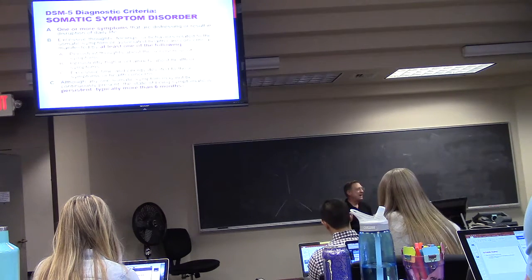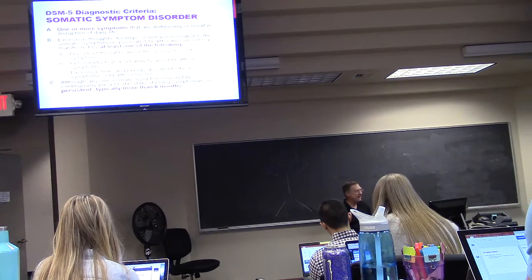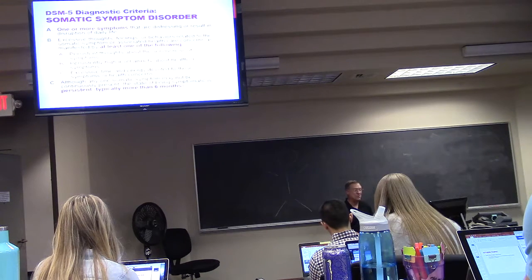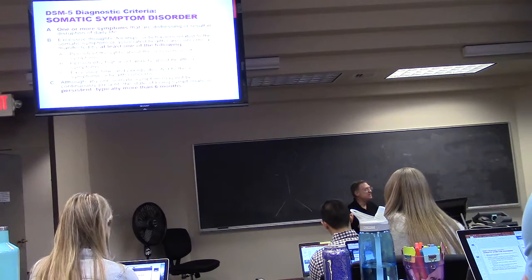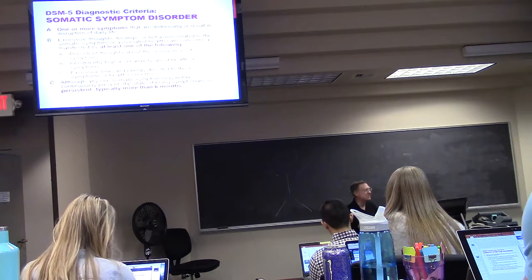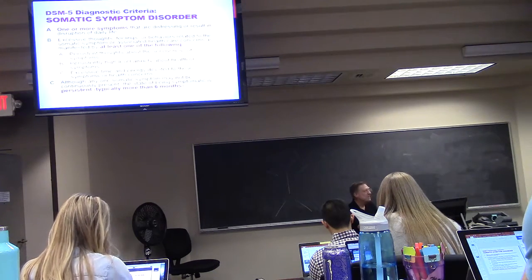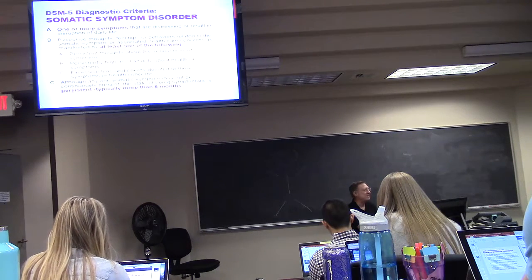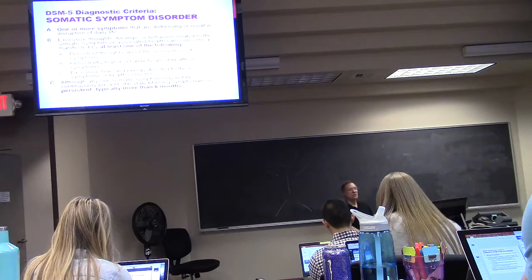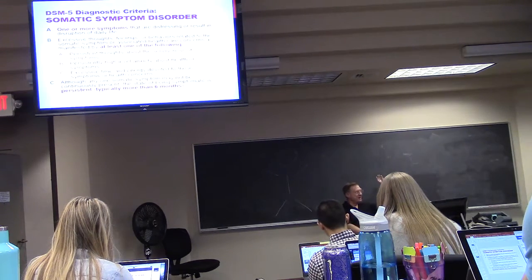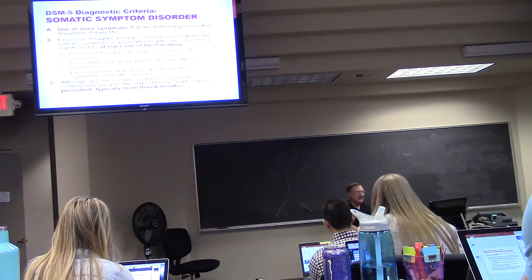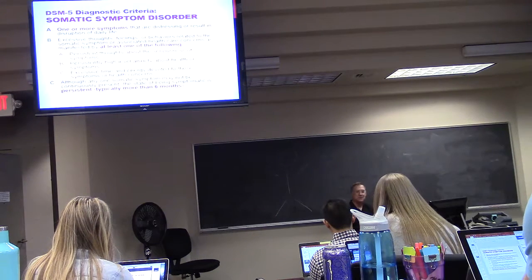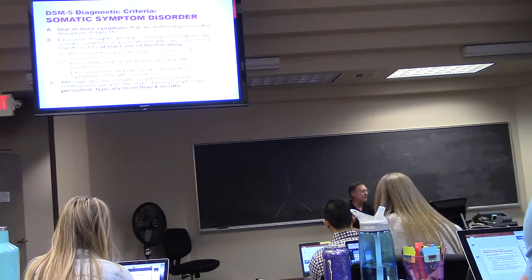Then excessive thoughts, feelings, or behaviors related to the somatic symptom or associated healthcare concerns, as manifested by at least one of the following: persistent thoughts about the seriousness of that symptom or symptoms, persistently high levels of anxiety about the health or their symptoms, or excessive time and energy devoted to these symptoms or health concerns. So it kind of dominates their life.